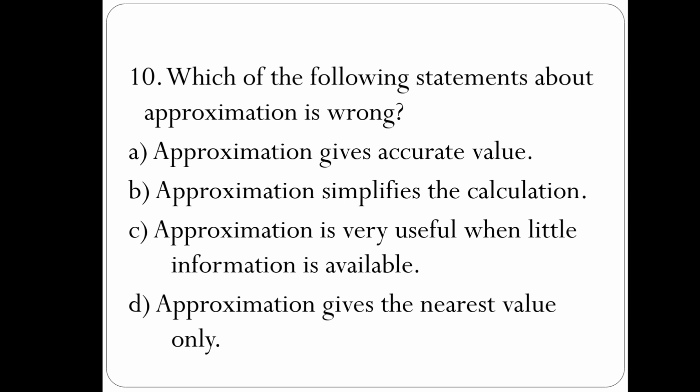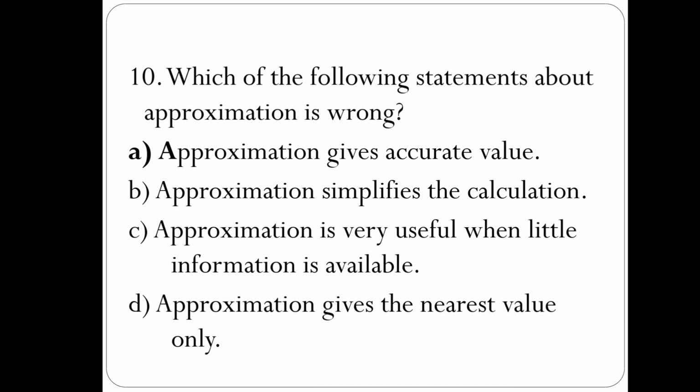So the option A tells us it is giving correct value. Option B tells us it simplifies, it makes the calculation easier. Option C, it is telling it is very useful when only a little information is available. And the last one explains approximation gives the nearest value, the value which is very close.